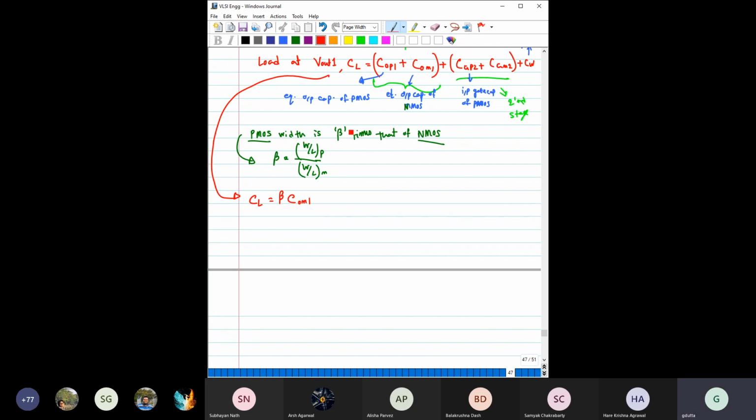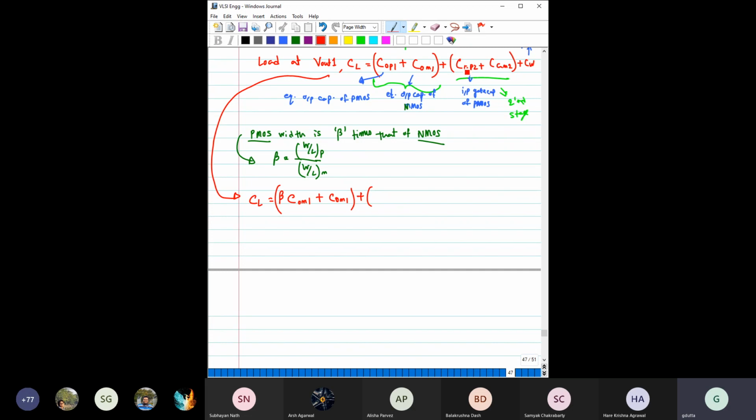If you check, the capacitance associated with self-loading changes proportionately, linearly, as you increase the width. Then plus this CON1. That is the first part.